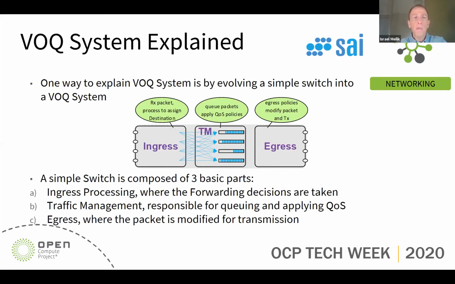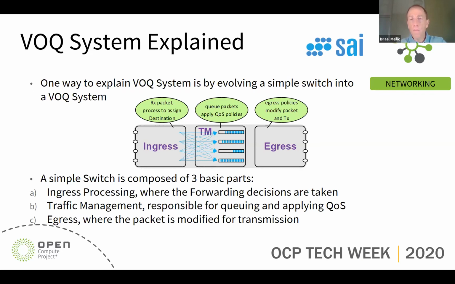To explain a VOQ system, I will start with a basic switch, and the switch drawn here is composed of three basic parts. We have the ingress portion, receiving packets from the MAC layer, doing all the ingress processing, the lookups, and taking all the decisions about where to route the packet and what modification needs to be applied to that packet.